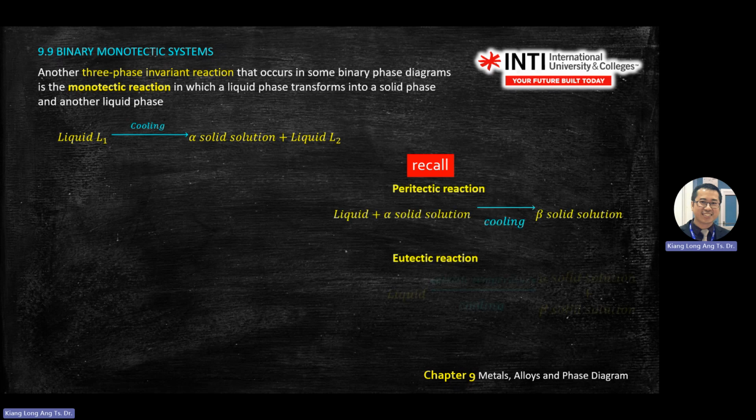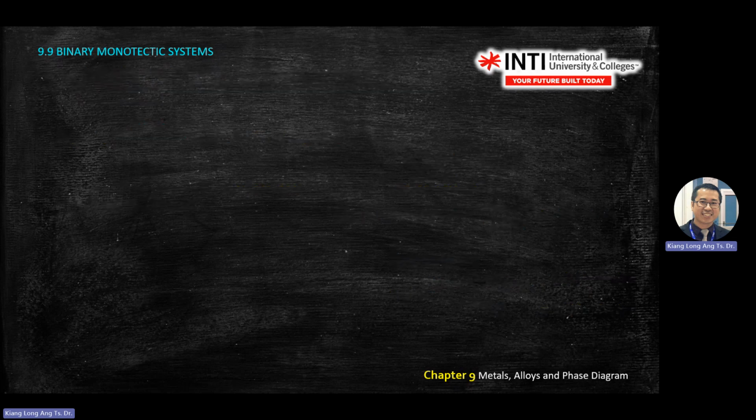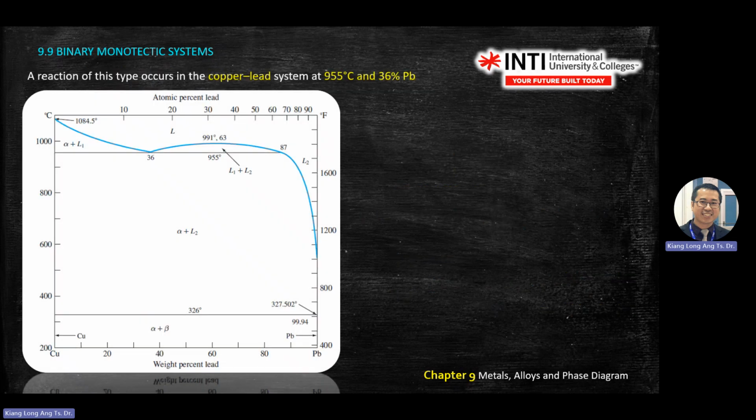This one will be like the previous ones, peritectic and eutectic. You can find this in a copper-lead system at 955, 36% Pb. So where does the monotectic happen? Mono is liquid 1. You cool down, you get liquid number 2 plus one solid.